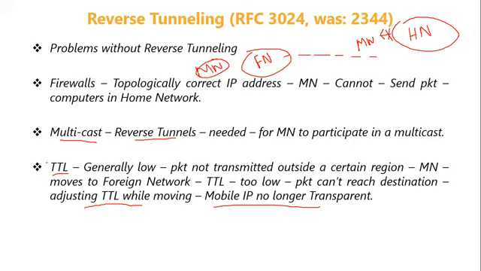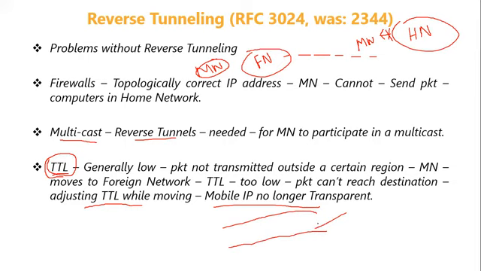So we don't want to increase the TTL value, but still when the mobile node is in the foreign network, it should be able to send packets to the home network. That is also possible by tunneling, or reverse tunneling, because a tunnel is just considered as one hop.